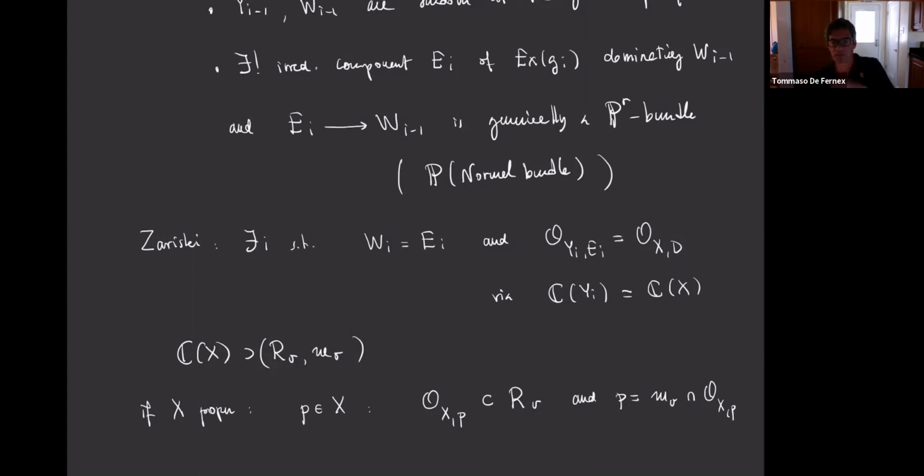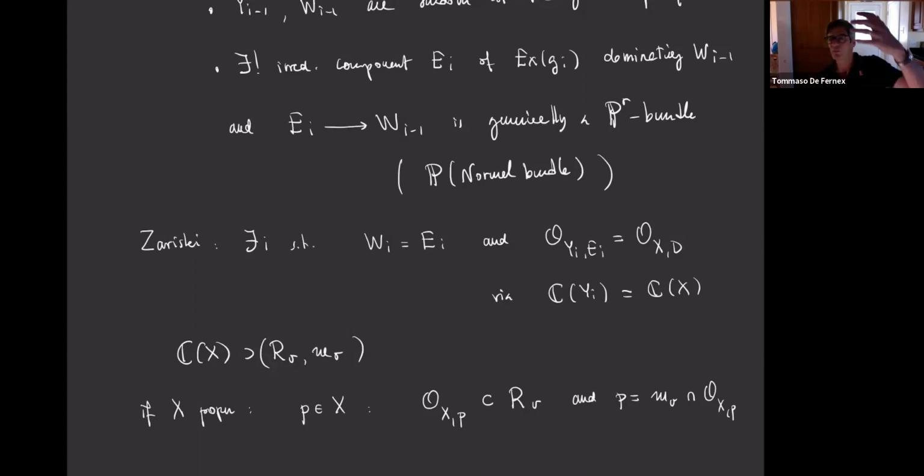And after you do that, the center will be exactly the ideal generated by those functions where the valuation is strictly positive. So this defines the center as a point, as a schematic point. If you have an exceptional divisor on some model and you look at the image of that divisor, that's defined as a variety. It's exactly the closure of the center when it's defined as a point.